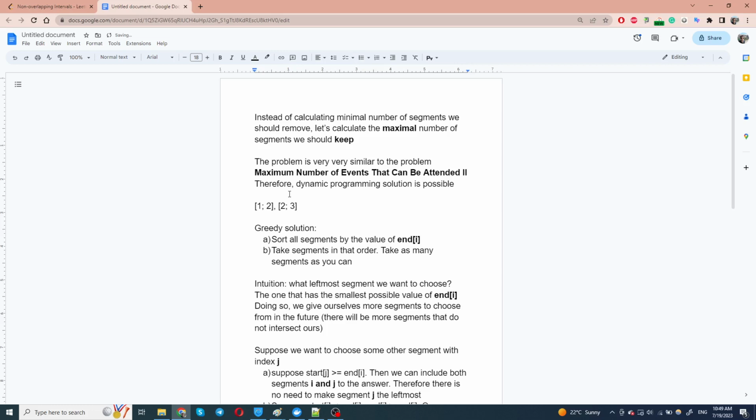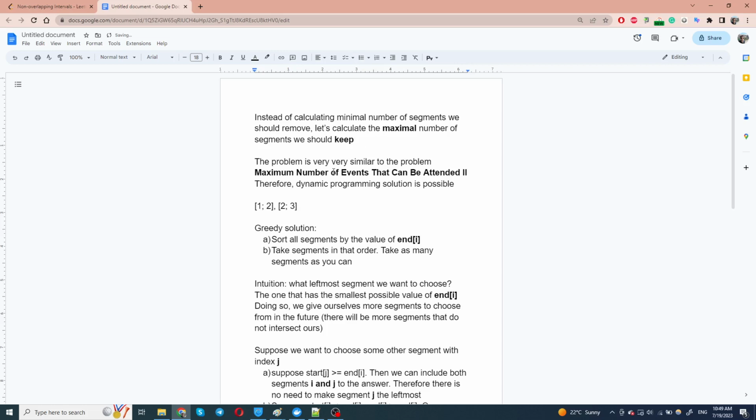The other difference is super important, and it will actually allow us to solve this problem much, much easier. And the difference is that in the problem maximum number of events that can be attended to, each event or segment had a value attached to it. And we needed to maximize the total value of the events that we attended. But in here, we just want to maximize the number of segments that we keep.